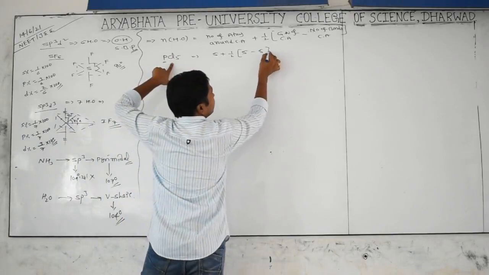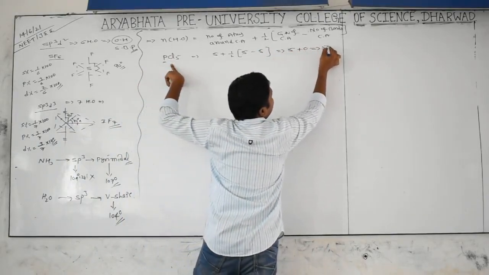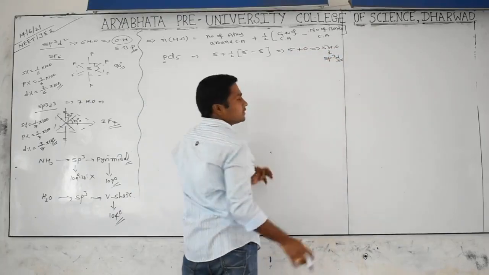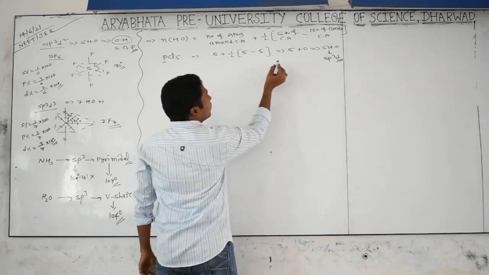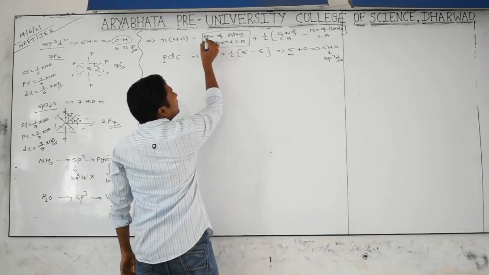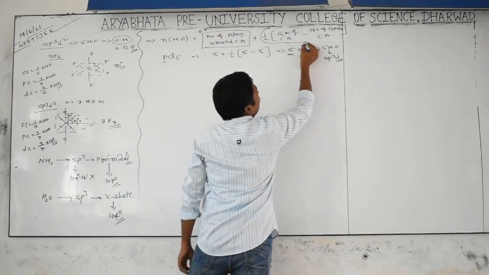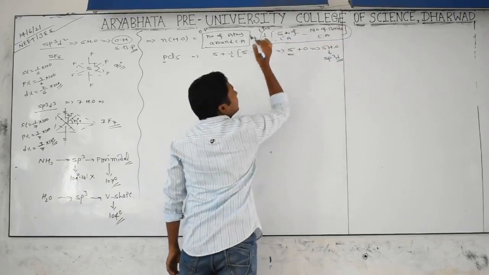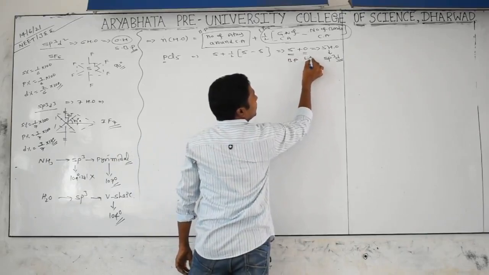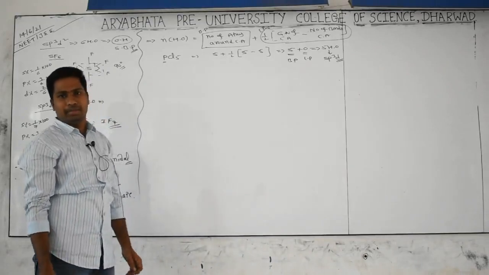Then we get 5 plus 0, so we want 5 hybrid orbitals, which is possible in sp3d. Whatever the first part is tells about the bond pairs, and the second part tells about the number of lone pairs. So we have 5 bond pairs and 0 lone pairs. No lone pairs, no problem. We can successfully explain according to hybridization.